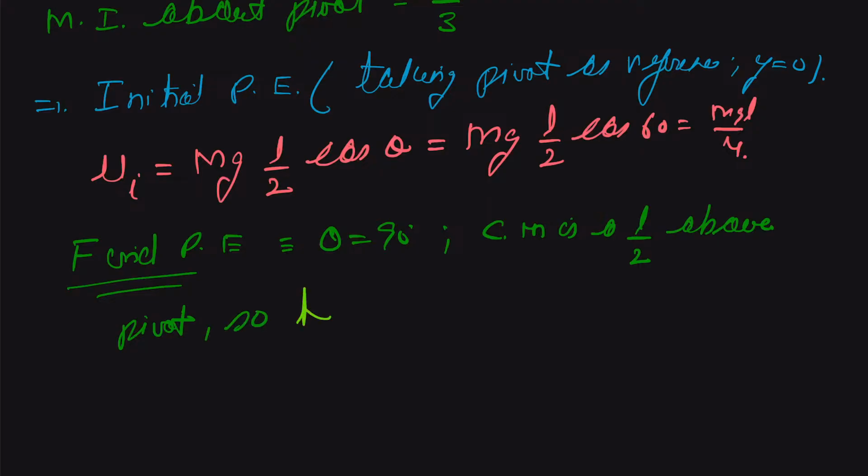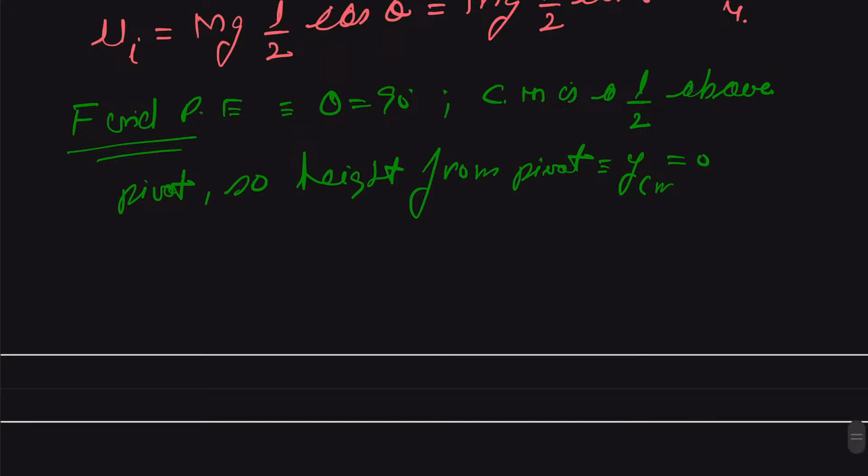So the height from the pivot, YCM, will be equal to 0, because now the plank is at the horizontal position, so its YCM coordinate is 0, because this is the pivot point and this is our mg.